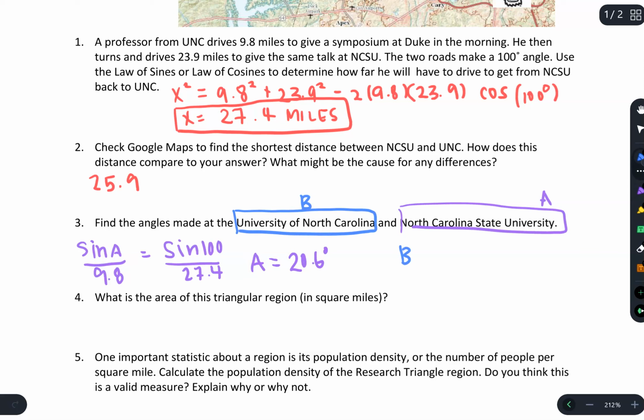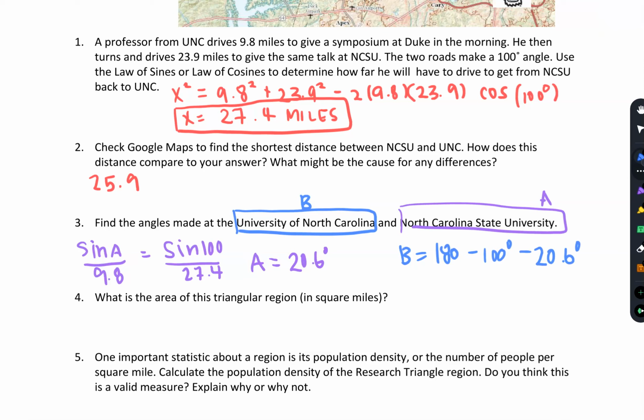So angle B is just found by saying 180 minus 100 minus 20.6, which is 59.4. So far so good? Okay.